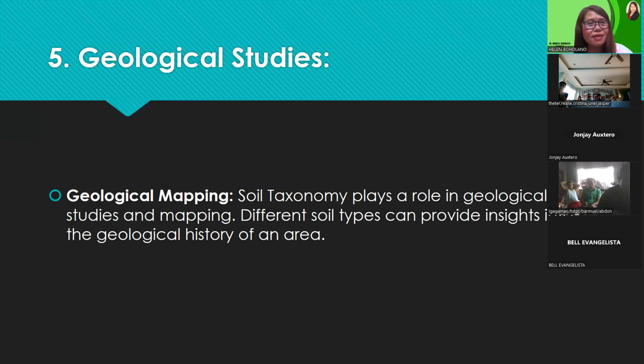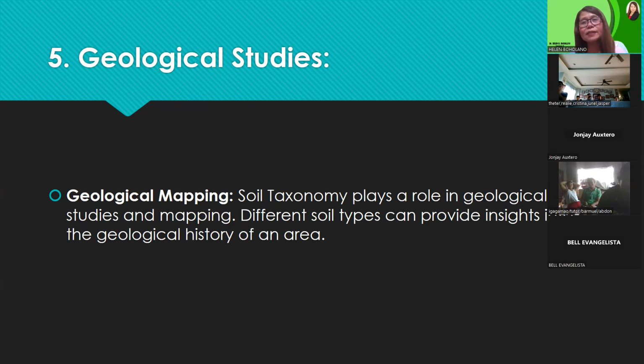Geological mapping. I think Cebu already has the mapping from the governor, because they map what are the different crops that grow in that particular city or municipality in Cebu. I hope Bohol will also have the geographical mapping of all the areas in Bohol. Although it's agricultural land, we will know the specific crops that grow well in your specific area.